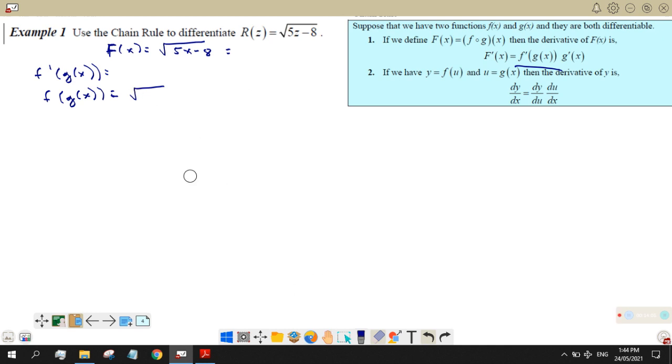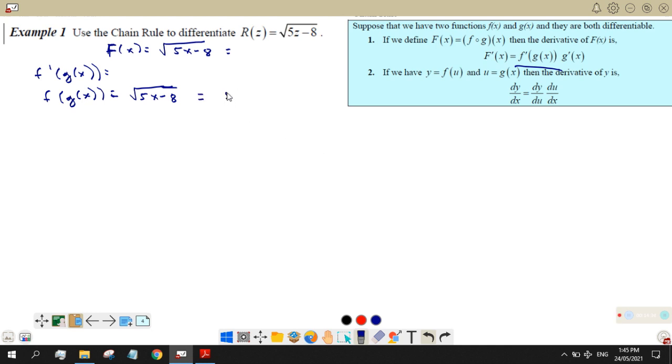So, it is the square root of 5x minus 8. It is difficult to get the integral of f of g of x, kasi si 5x minus 8, series of term siya sa loob. So, mahirap. Paano yung gagawin natin?